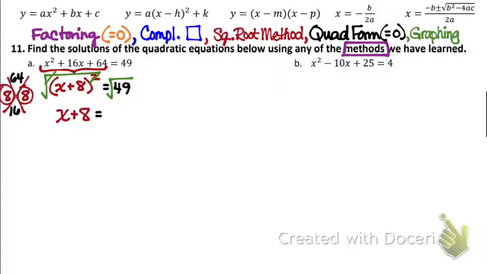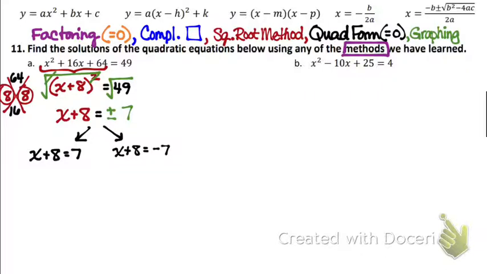How many answers will I have on the right? 2. One that is positive and one that is negative. What is the square root of 49? 7. I have 2 cases because I have a plus 7 and a minus 7. So x plus 8 is equal to 7. X plus 8 is equal to negative 7.